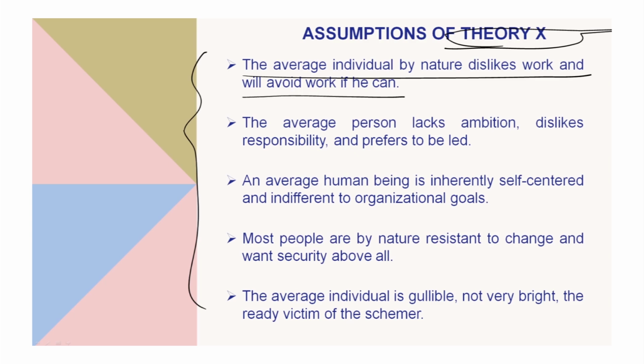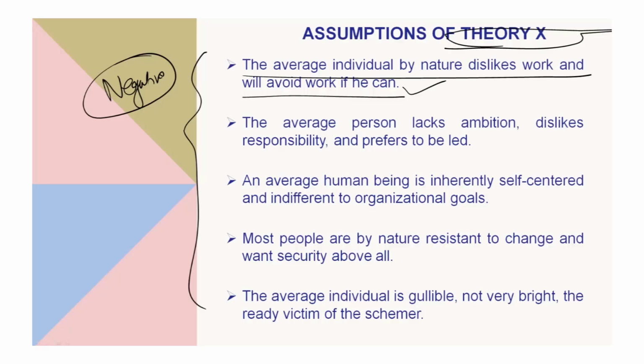We call theory X a negative approach of management towards the employee. Management presumes that the employees within the organization will dislike work and will avoid any kind of responsibility if given the option. So, this is the very first assumption.